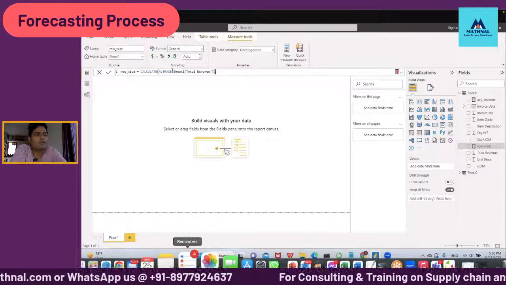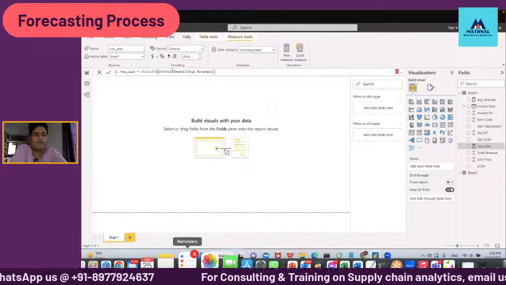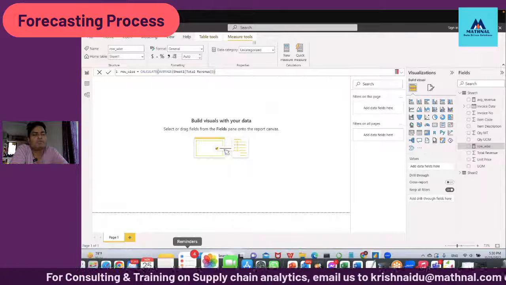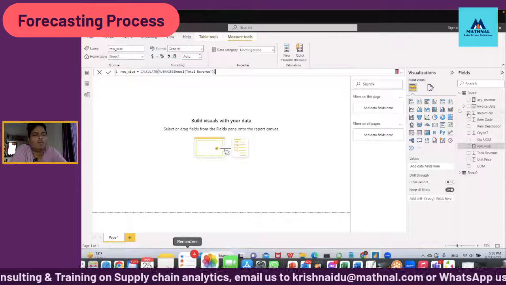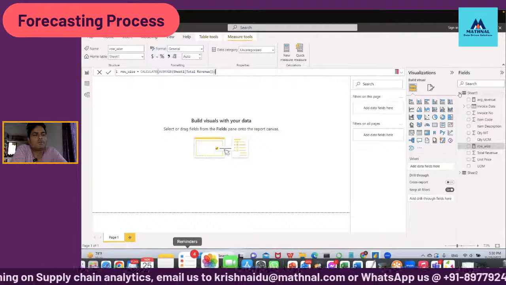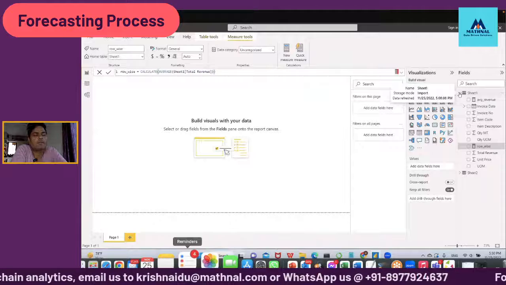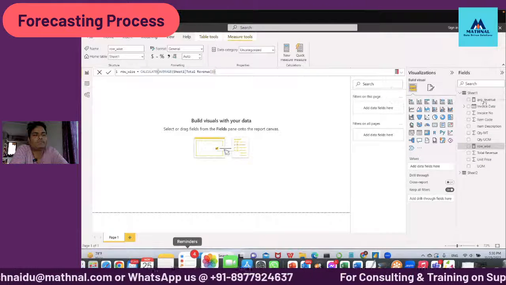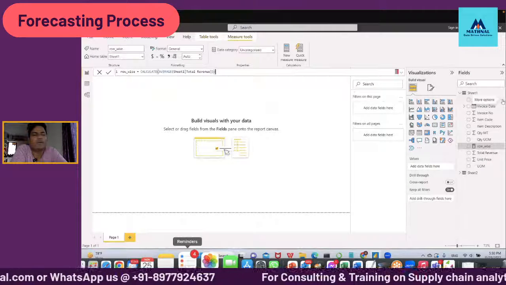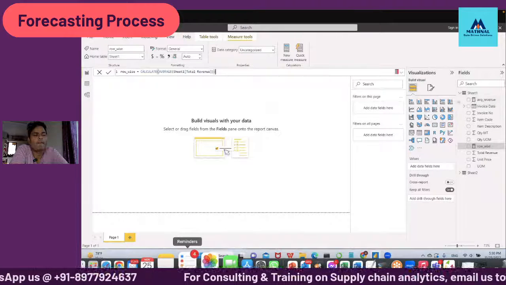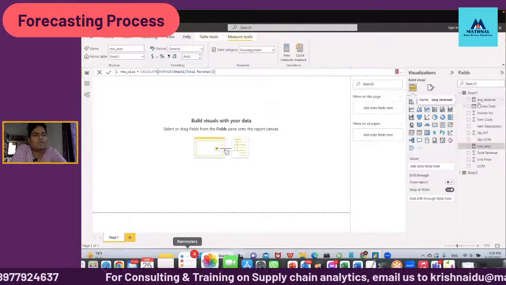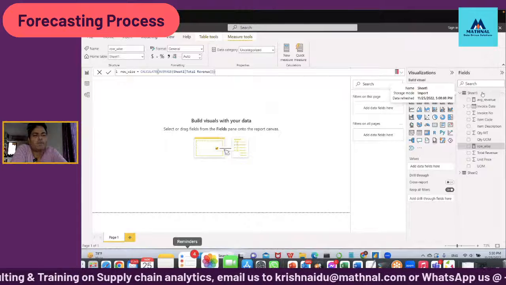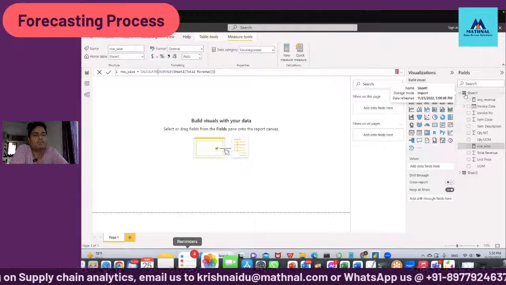On the right hand side, if you look at the field list, where we have our table Sheet 1, the first variable is average revenue. This is what we calculated right now. And if you look at the sign of a calculator there, that is called the measure.